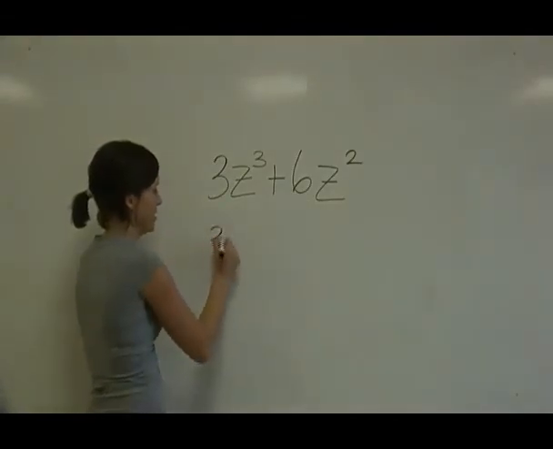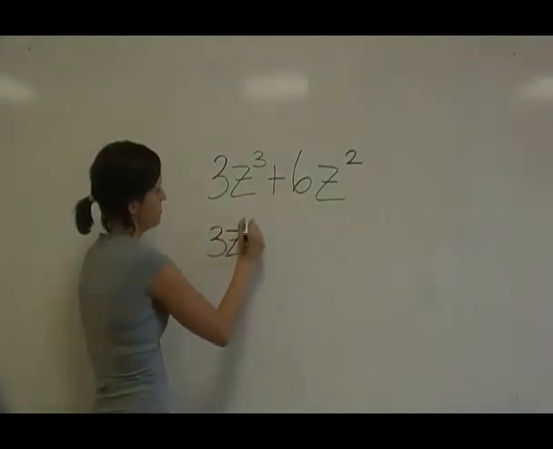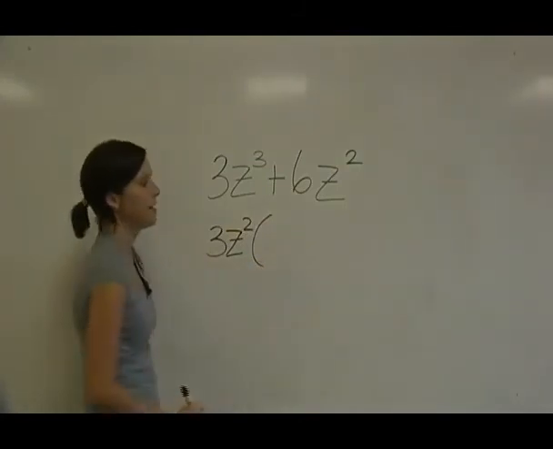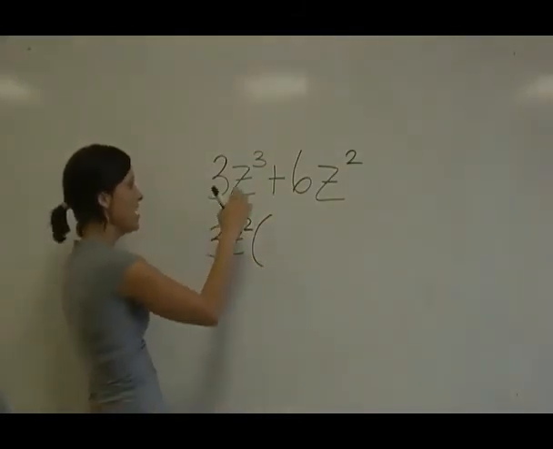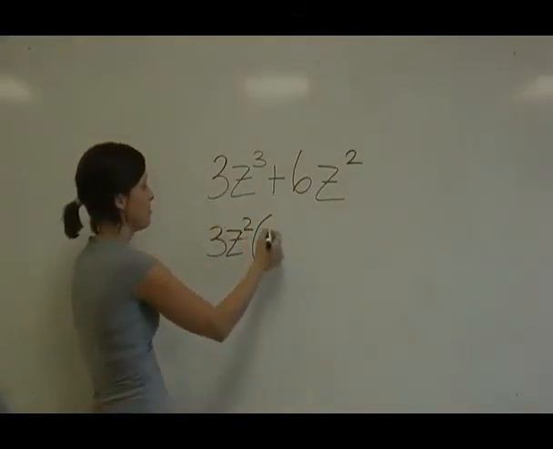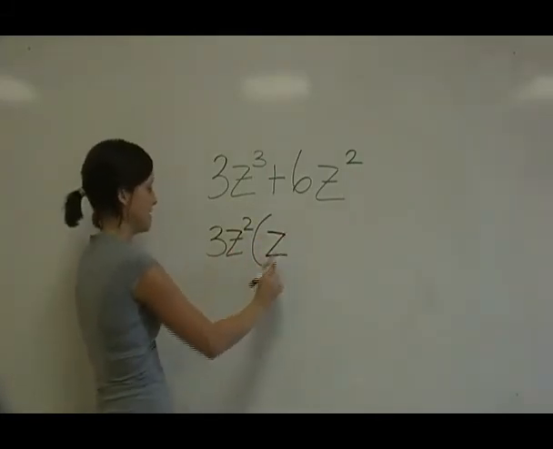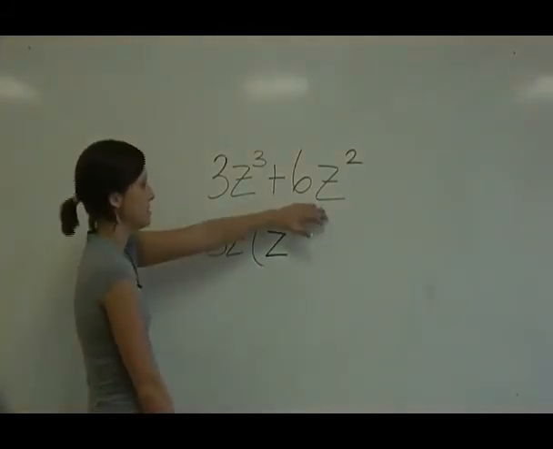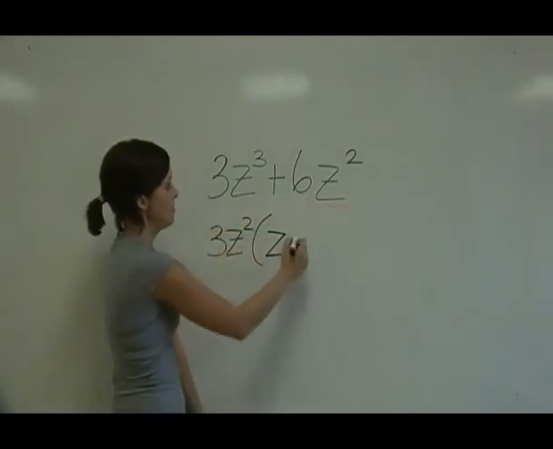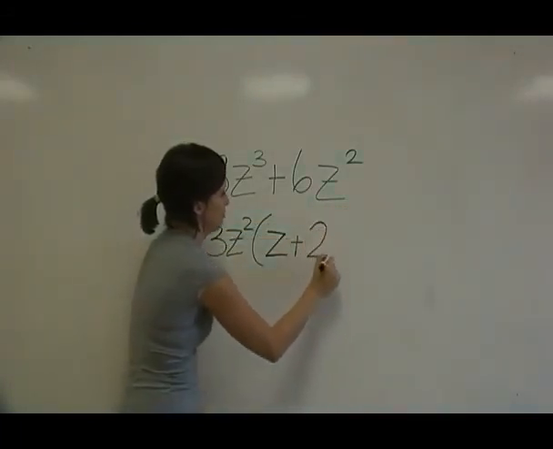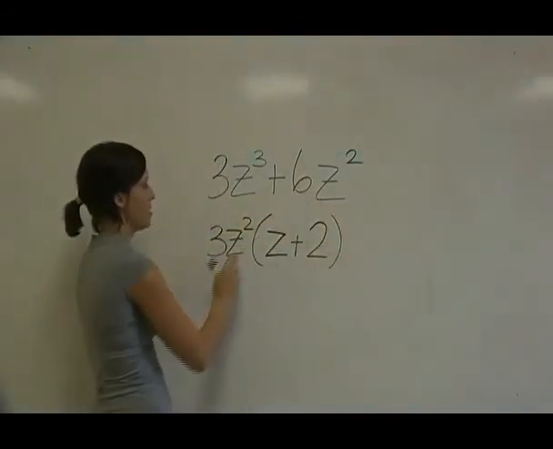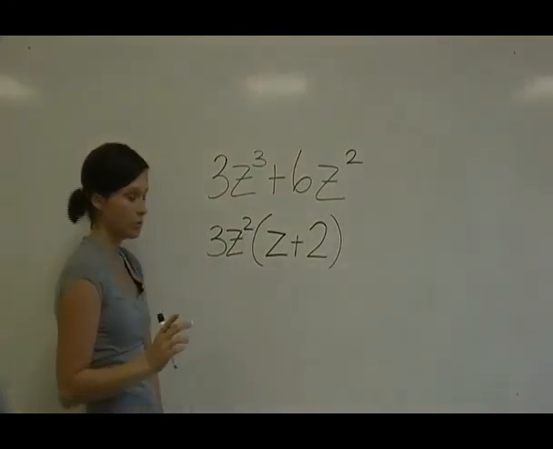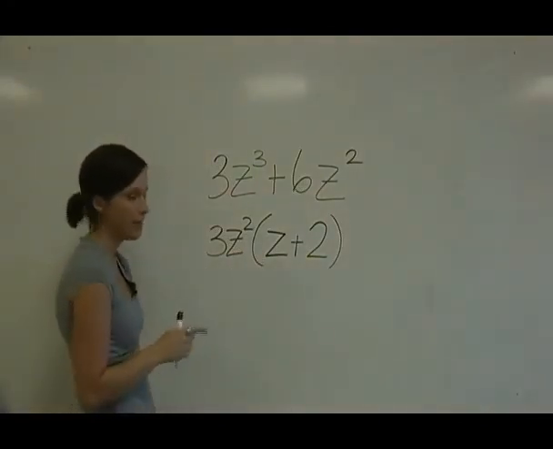So, we'll take out our 3 and our z squared, and then we have what's going to be left. If we take a 3 and a z squared from this, we have just 1z left. If you take a 3z squared from this, you're just going to have a 2, because z squared is already pulled out. And again, let's multiply just to make sure we have the right answer.